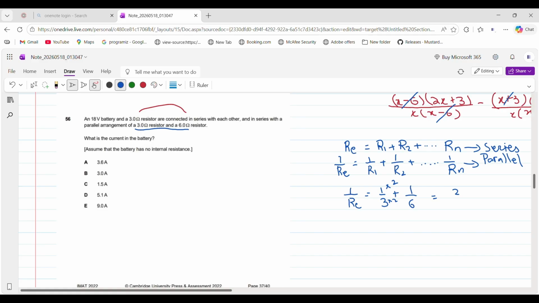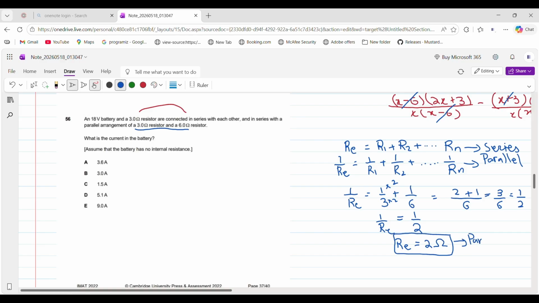So 2 plus 1 divided by 6, 3 by 6, which is of course 1 by 2. So 1 by Re came out to be 1 by 2. I want my equivalent resistance only, not 1 by R. So equivalent resistance is 2 ohm, right?